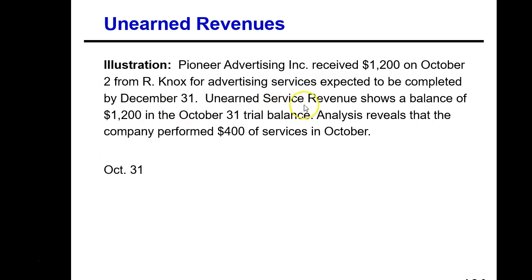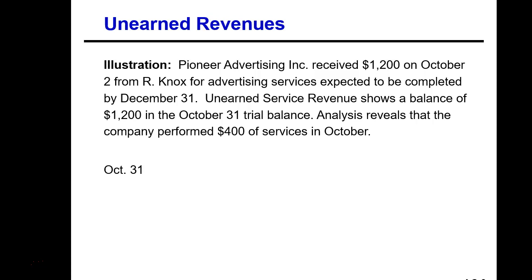The unearned service revenue shows the balance of $1,200 on October 31st. An announcement reveals that the company performed services in the amount of $400. What this means is that by the end of October, we have earned a portion of that $1,200. We've earned $400 by October 31st.